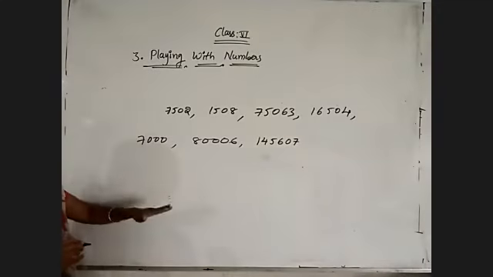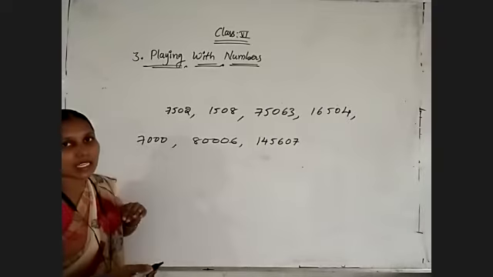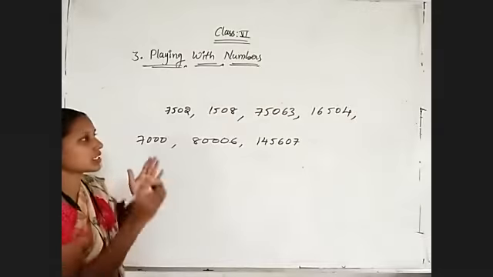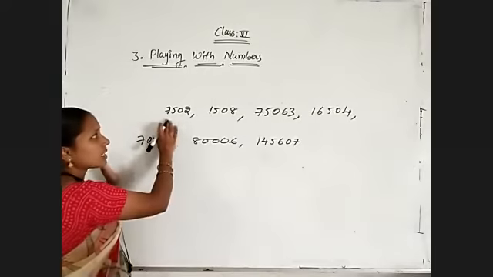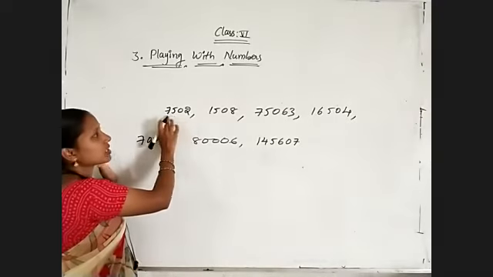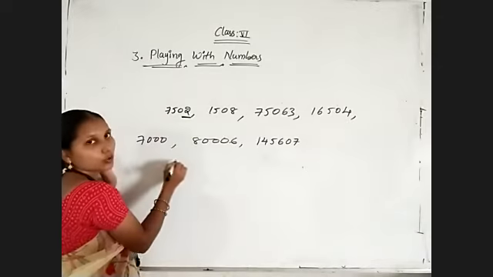Now I want to decide which numbers are divisible by 2 and which are not. Whenever we are checking the divisibility rule of 2, just check their units place. Now first observe the first question, 7502. What is the unit digit here? 2.